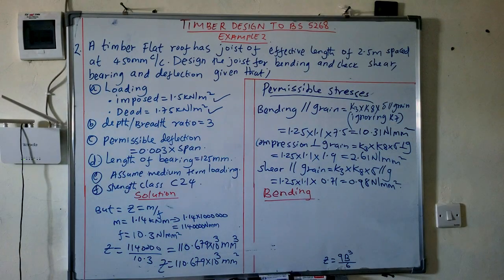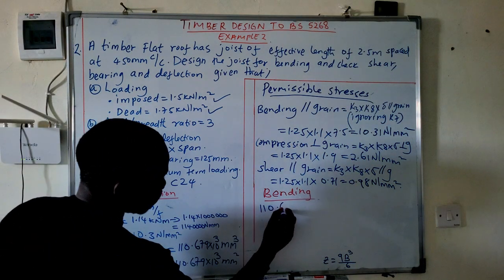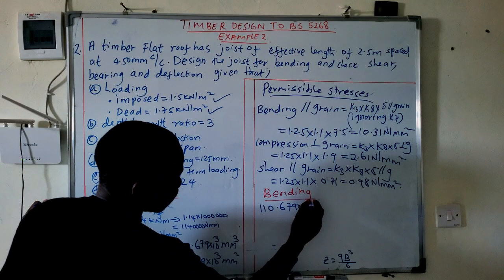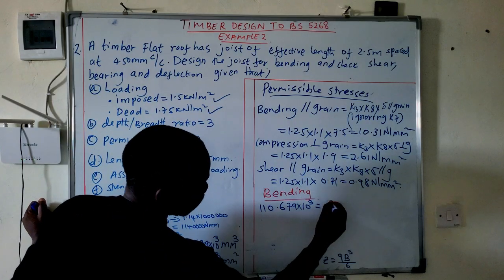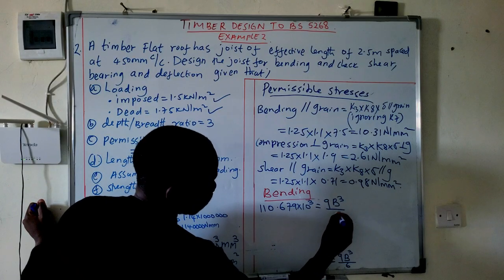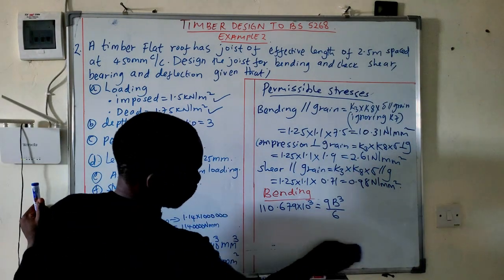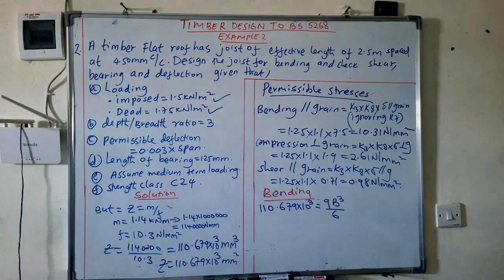So we have Z as 110.679 times 10 raised to power 3 is equal to 9B cubed over 6. So now you can find the value of B.